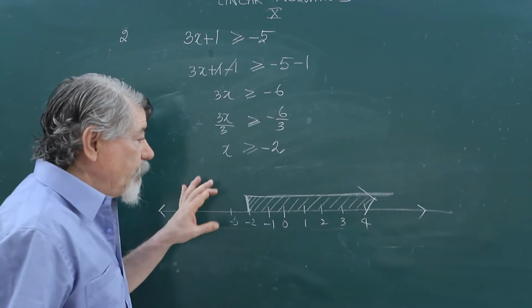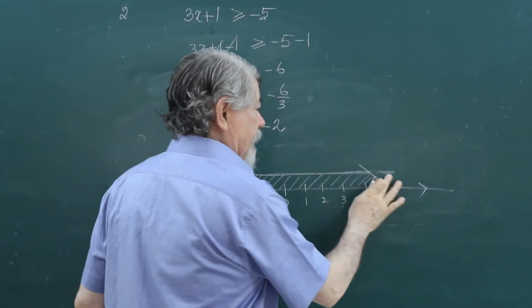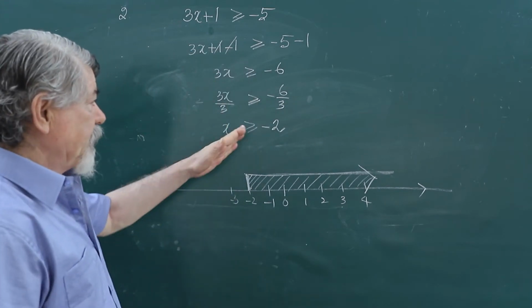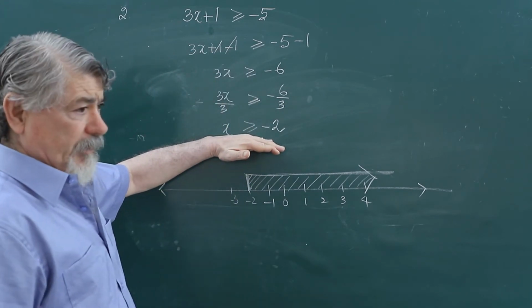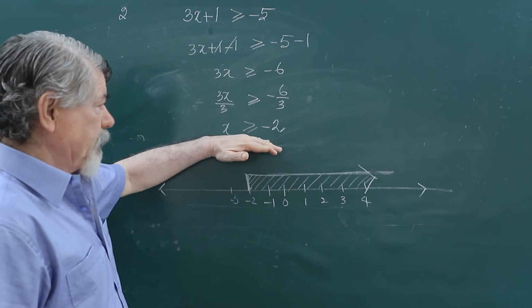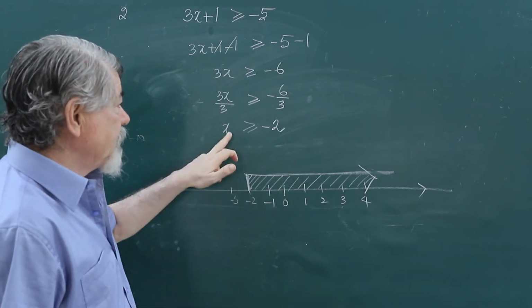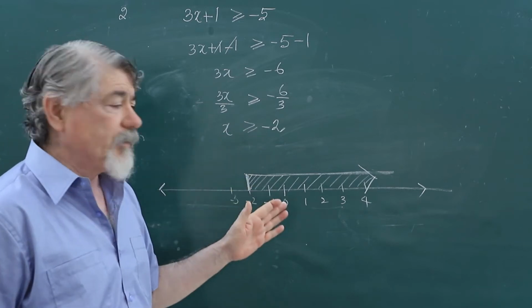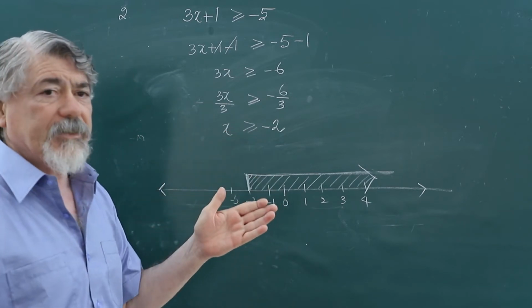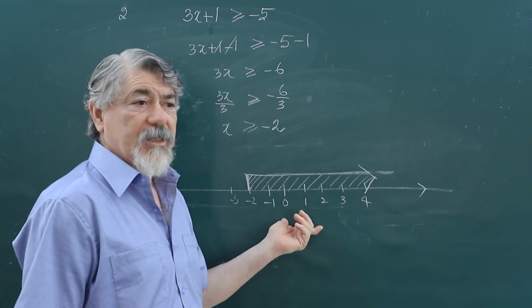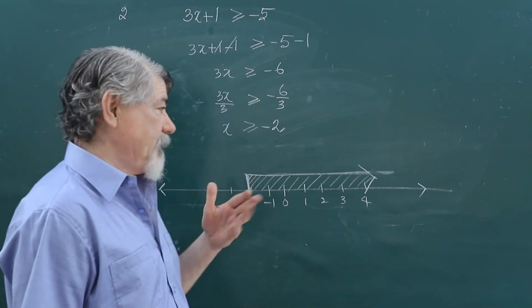This arrow indicates it's going to infinity. It is going to infinity because it is not a restricted number or a restricted set. So x is greater than or equal to minus 2. Any number which is greater than or equal to minus 2 on the real number line will be part of this infinite set.